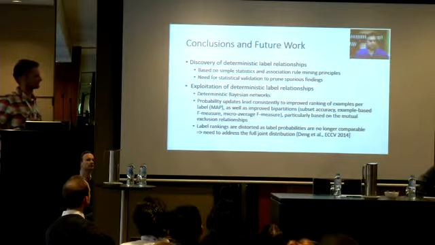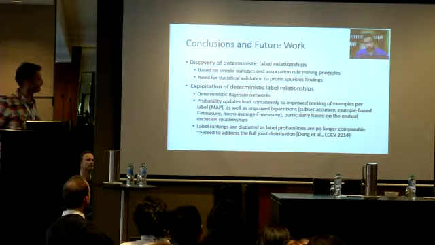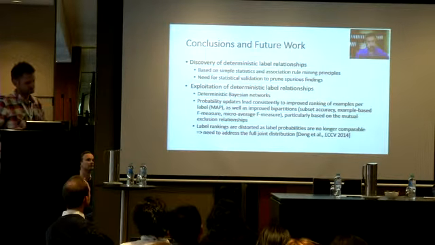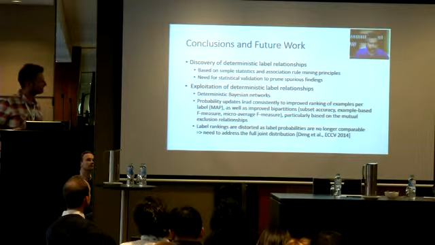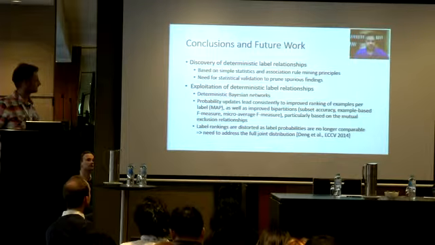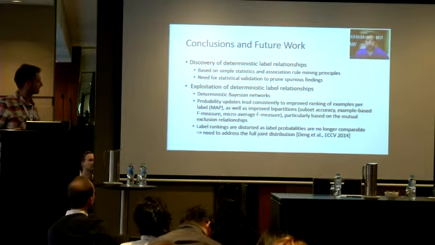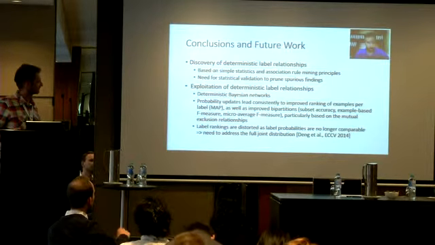Probability updates lead consistently to improved ranking of examples per label, as well as improved partitions, particularly based on the mutual exclusion relationships. Label rankings are distorted, as label probabilities are no longer comparable across all labels. This raises the need for a model addressing the full joint distribution of all labels, similarly to the approach by Deng et al.